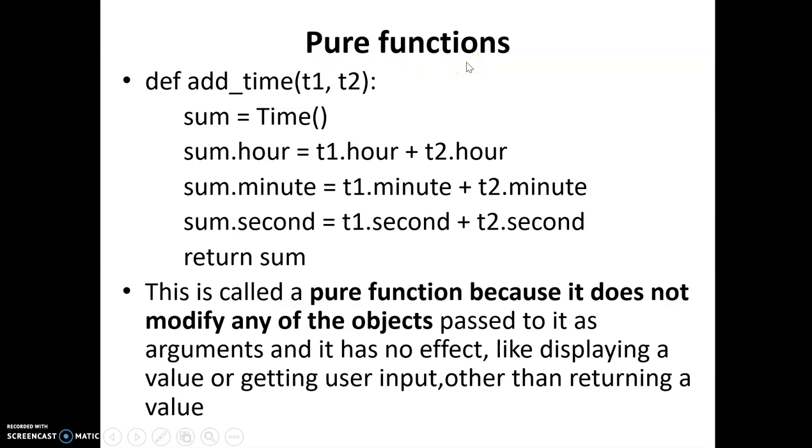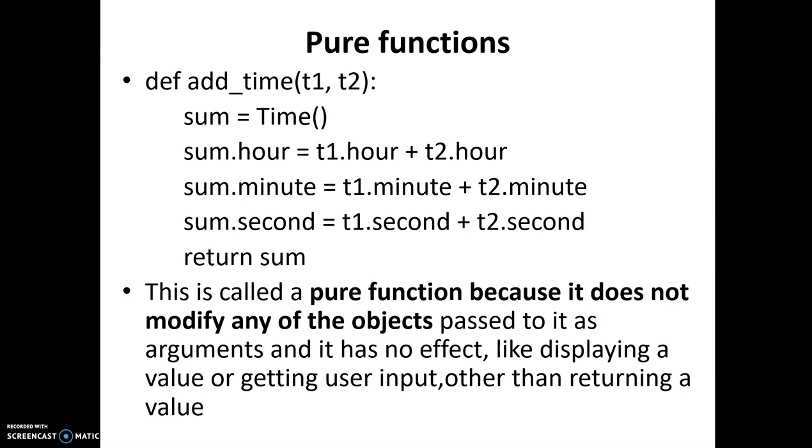While I'm explaining this, in your VTU examination also, they might ask you to explain pure functions with an example and how it is called a pure function. The concept is very simple. You might have used it several times, but the technical name has been given here as pure functions.